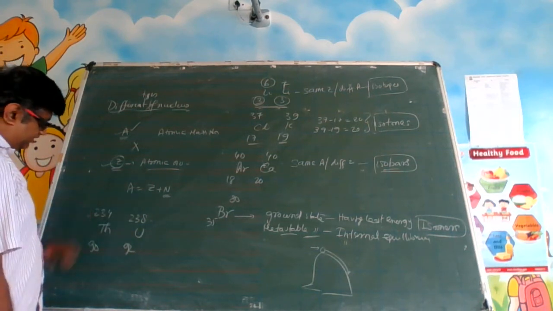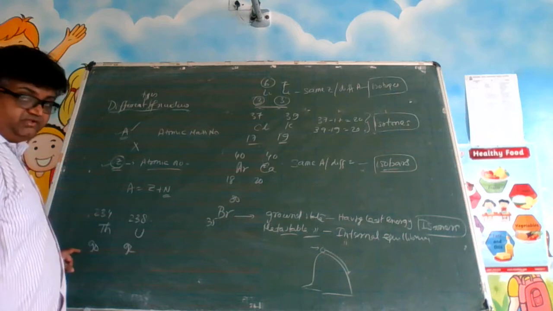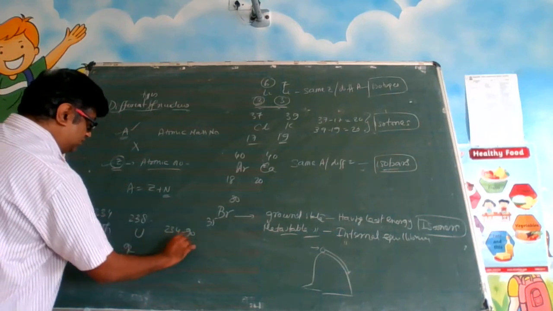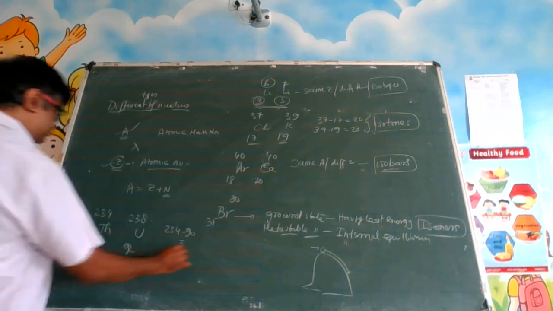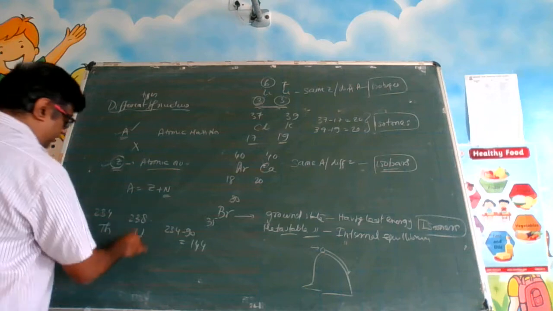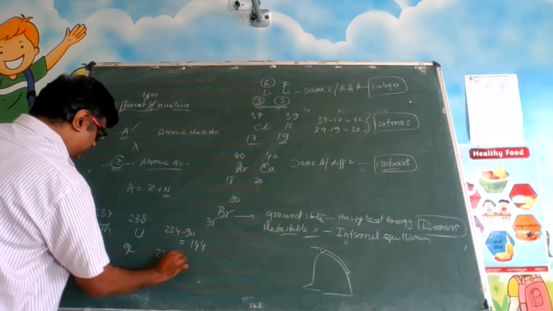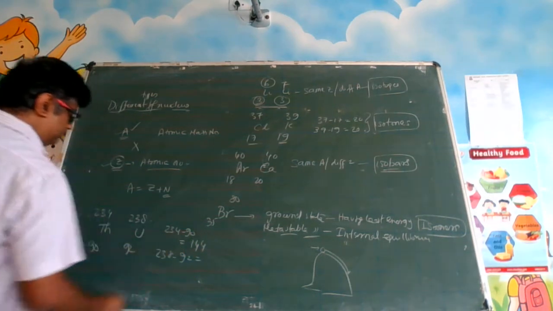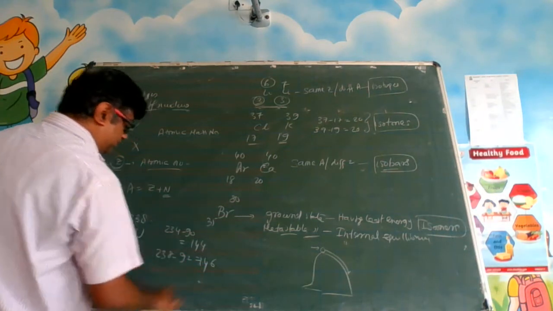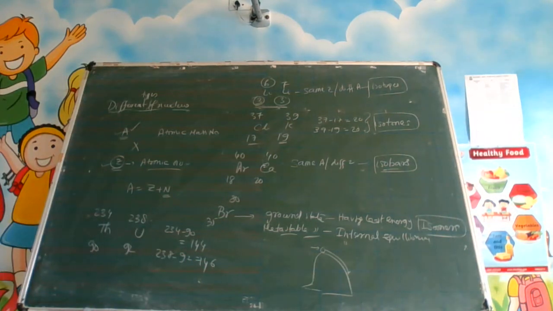Now just calculate how many neutrons are there. 234 minus 90, how many are there? So this is 144. Now here you calculate 238 minus 92. So that is 146.